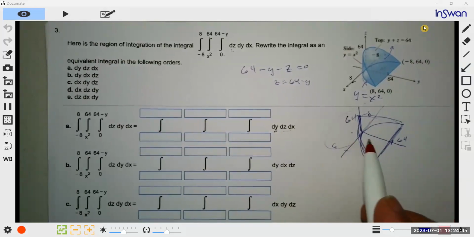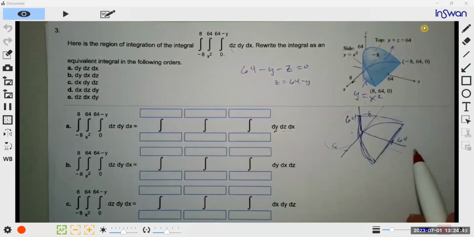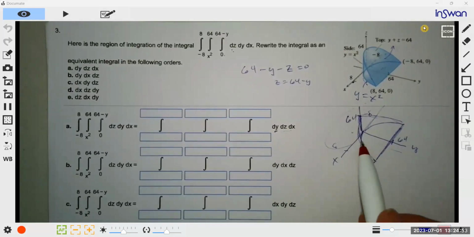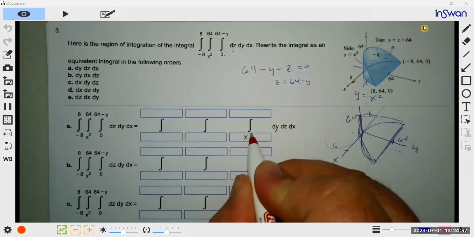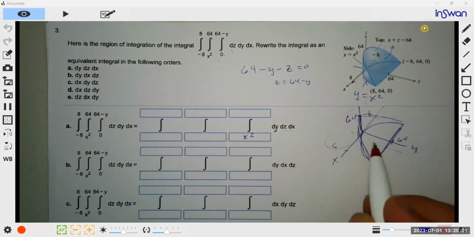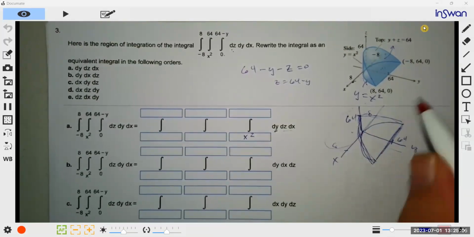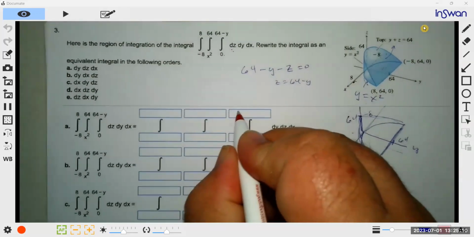So we make it perpendicular to that, going parallel to the Y axis. So it first hits the graph here on our line y equals x squared and exits some point here on the slope, which is, remember, solve for y, we get 64 minus z.